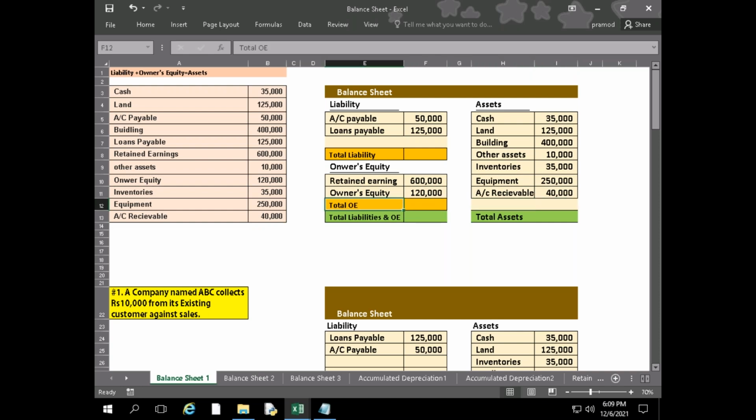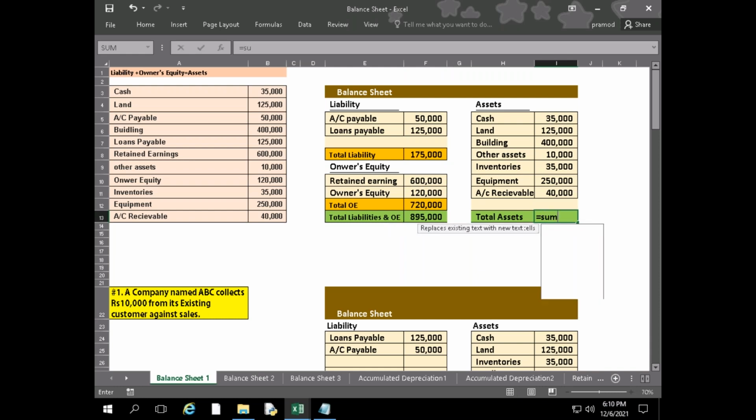Now total equity is the sum of retained earnings and owner's equity. You can just add these two, plus owner's equity, that is 8,95,000.